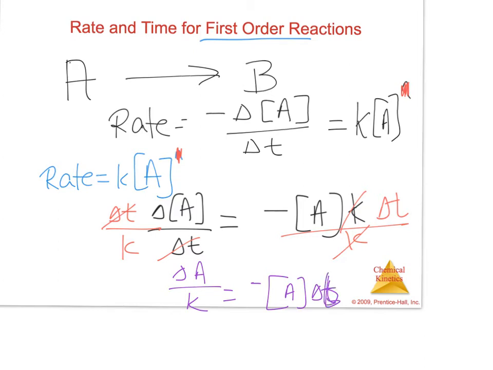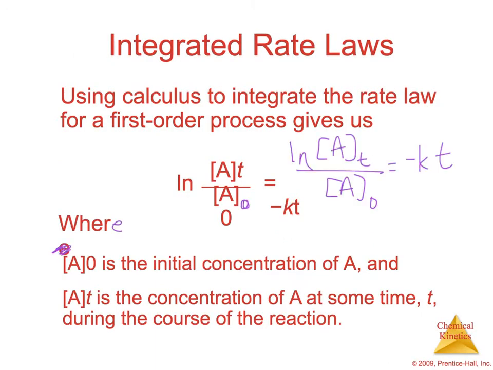And now calculus can be used here to integrate this, and after you integrate this thing that I just wrote in purple, what you get is this equation here. The natural log of the concentration of A at a certain time t divided by the concentration of A at the start equals minus k times time.